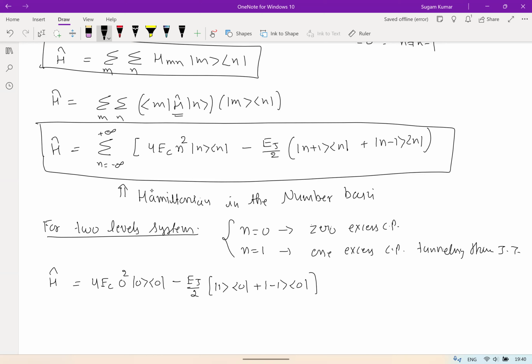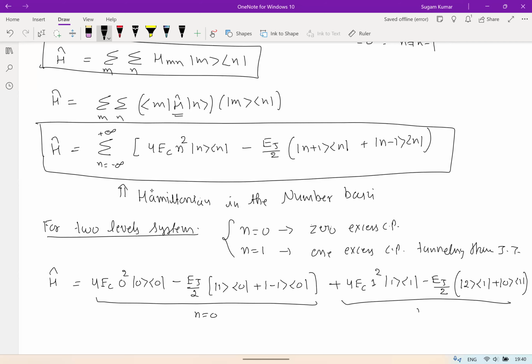That is for n equal to 0. So this whole is for n equal to 0, and plus for n equal to 1. That is going to be 4 times EC, 1 squared |1><1|, and minus EJ by 2. And here it will be |1+1>, that is |2><1|, plus |1-1>, that is |0><1|. So this is for n equal to 1.